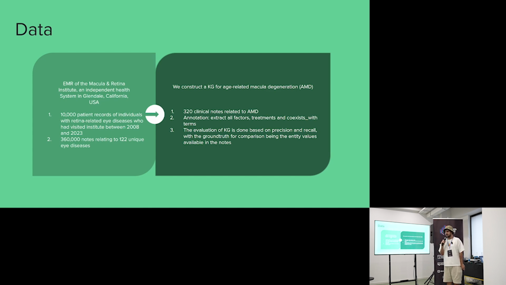So the data was provided by Macula and Retina Institute, and initially the data contained about 10,000 patient records of individuals with more than 122 unique eye diseases, and in total there were about 360,000 nodes. These nodes are not in the best cleaned version, as usually these EMR nodes follow some template, and the doctors follow these templates, and most of them are very similar.